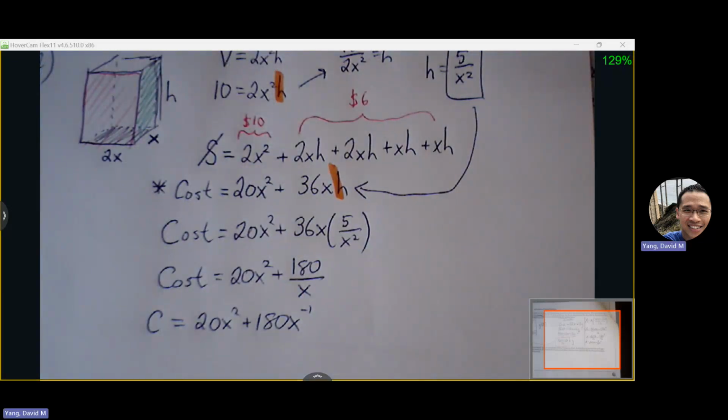Okay, so once we get our primary equation down to one variable, we want to get it ready for power rule, then find the derivative, set equal to 0, and solve for x.